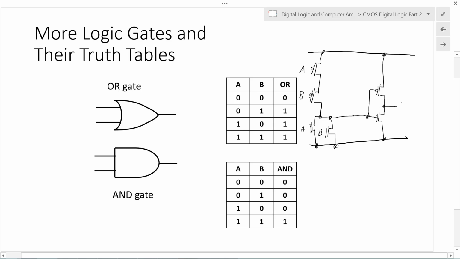And now we have our output Y. And we have an implementation of our OR gate in total.